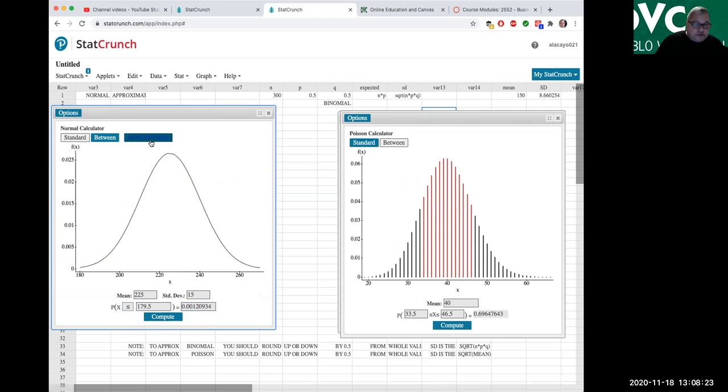And so 0.0012 is a very small probability. You can't even see the little red tinge on the left of the bell curve because it's so small. But that 0.0012 is the precise calculation using StatCrunch.